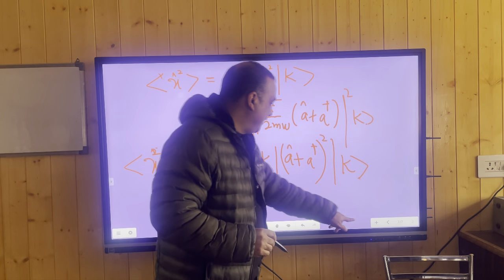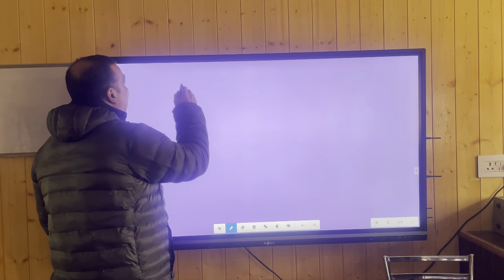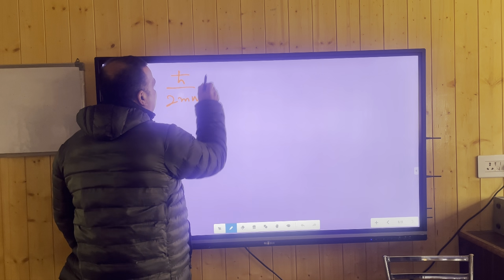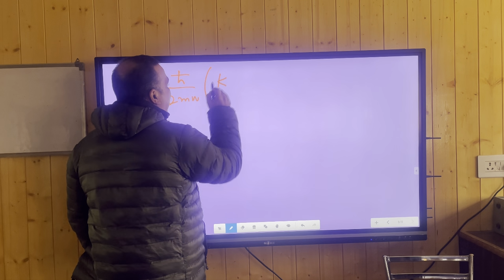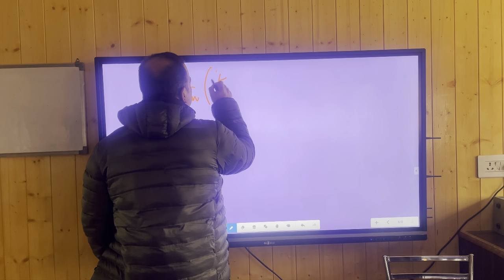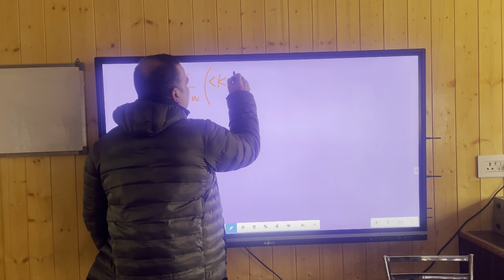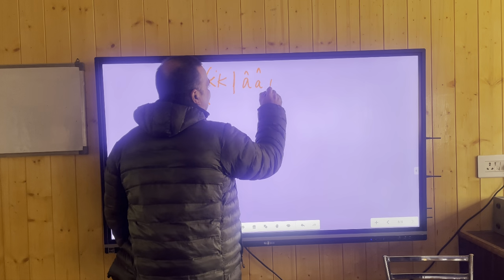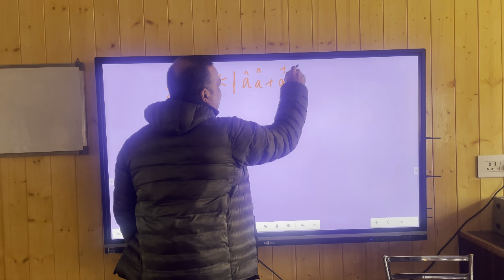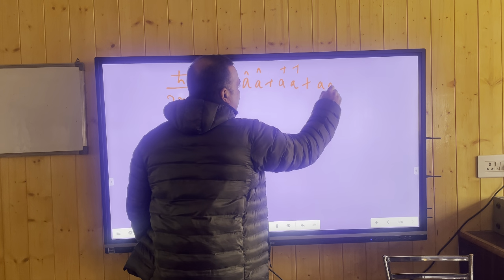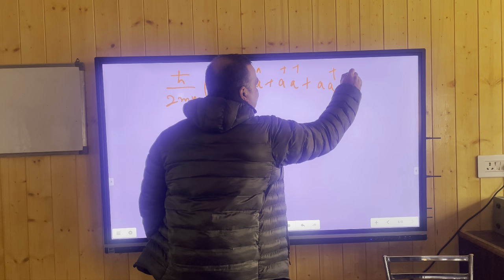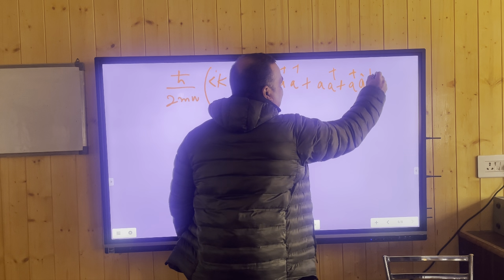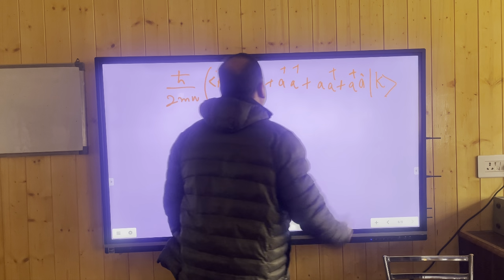So what we will have next is h bar by 2m omega, and inside I'll have the bra k and the ket k, then I will have a a plus a dagger a plus a a dagger plus a dagger a dagger, and you will have your own ket, the ket of k.